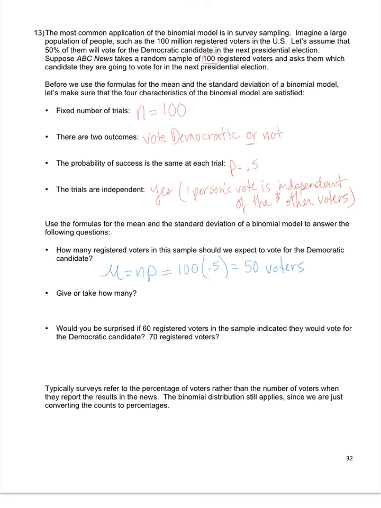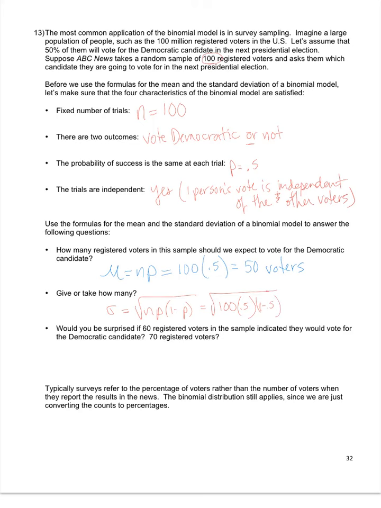All right, give or take how many is really our standard deviation. So roughly how far away do we expect our answer to be from the mean? So we're going to take the square root of n times p times 1 minus p. So in that case, this is 100 times 0.5 times 1 minus 0.5.